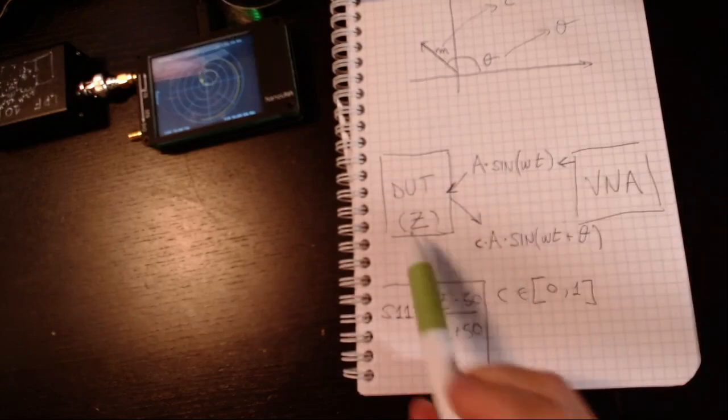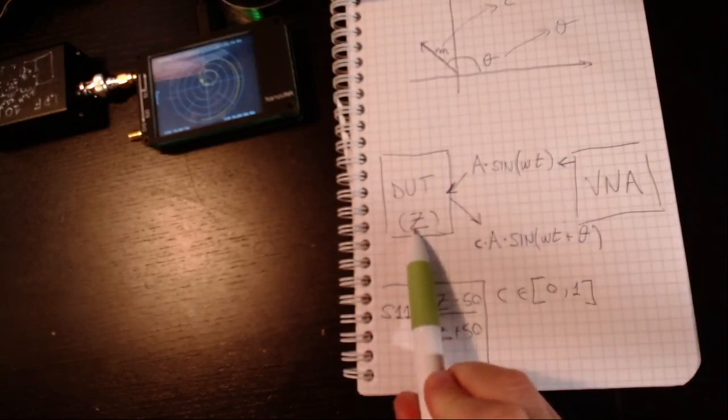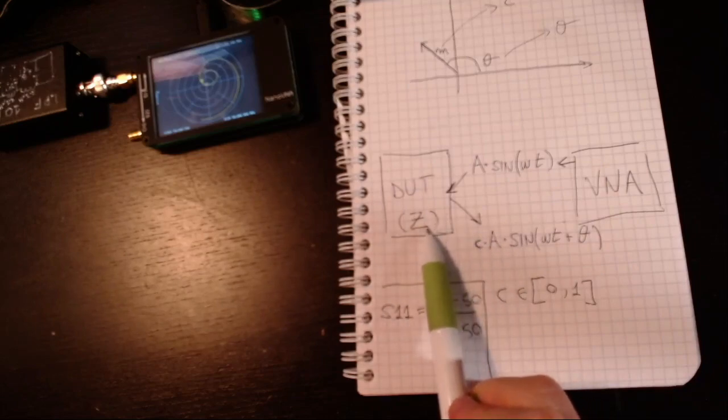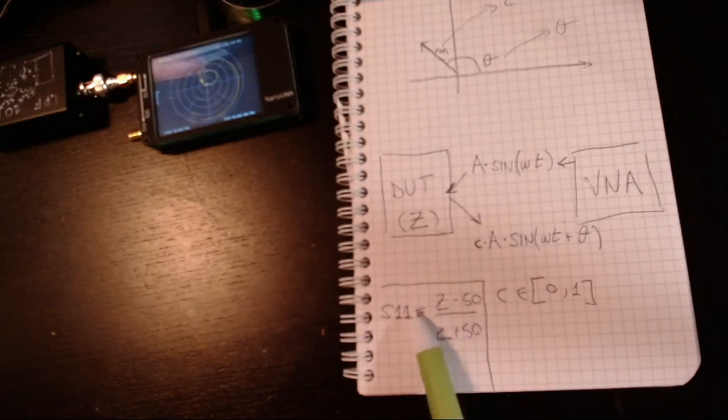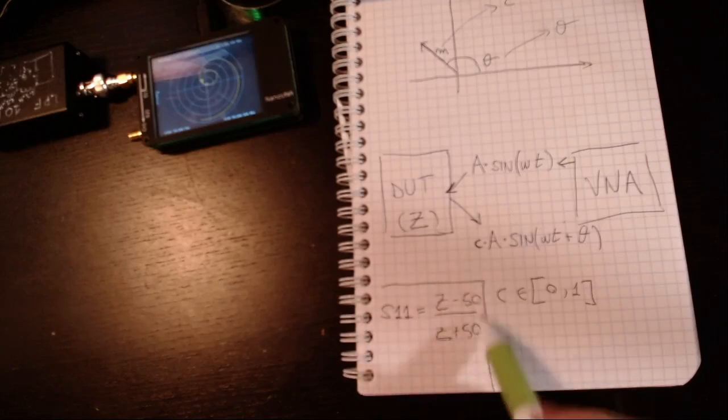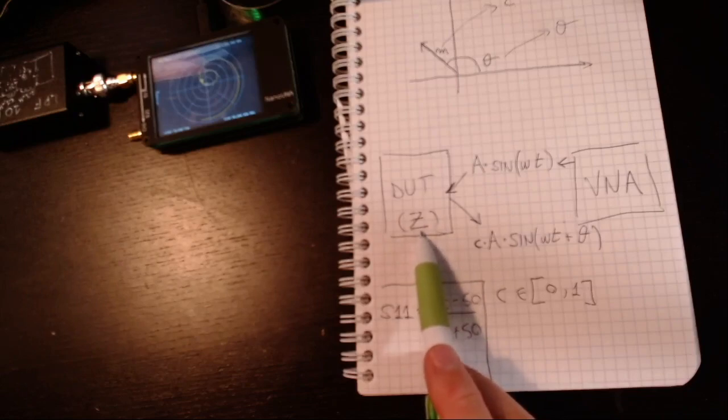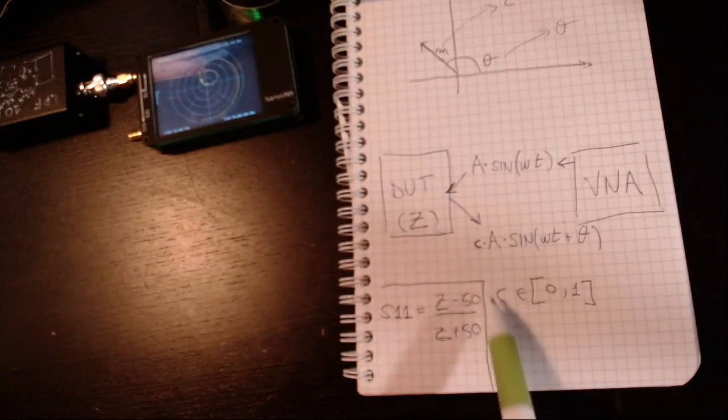So this means that when this is a perfect 50 ohm load, which exists only in theory, we get that the S11 is going to be 50 minus 50, which is 0, divided by 50 plus 50, 100, and the whole thing becomes 0. And so that's what we expect when this is a perfect 50 ohm load, this C becomes 0, and the reflection is absent, completely 0.